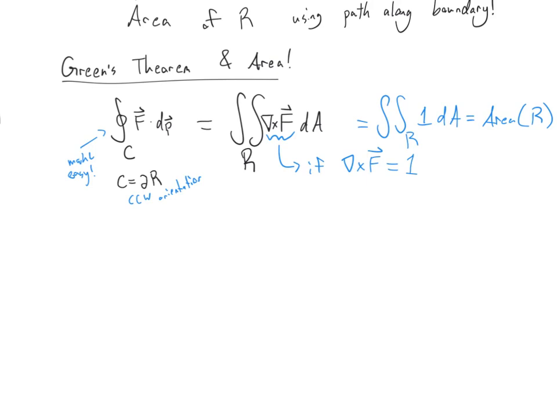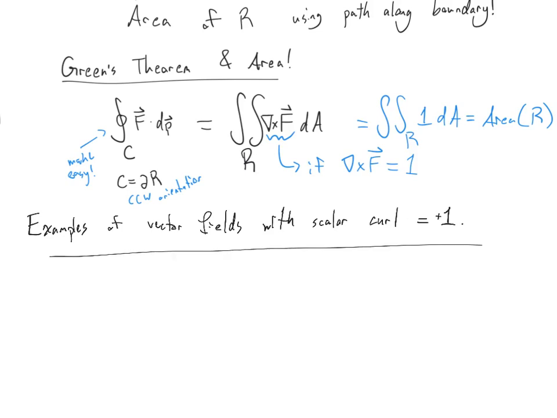And it turns out there's a lot of those. And there's a couple ones we've already seen that are really useful and very simple. So let's look at some examples of vector fields with scalar curl plus 1. And here are my 3 examples.